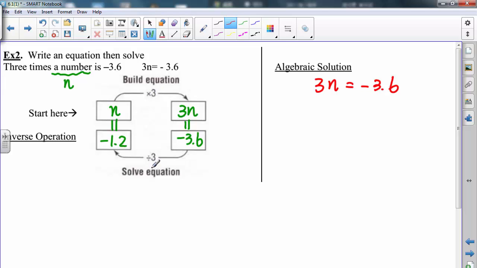The inverse of multiplication is division. So this is the reason why I need to divide both sides by 3. 3 divided by 3 equals 1. 1 times n is the same as n, which equals negative 3.6 divided by 3. This is the reason why we can get negative 1.2 algebraically.